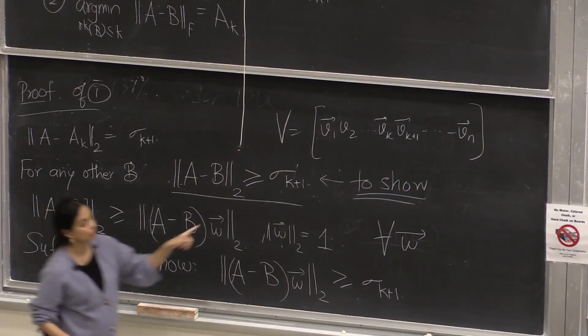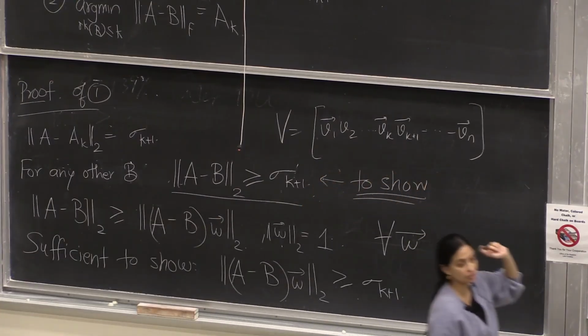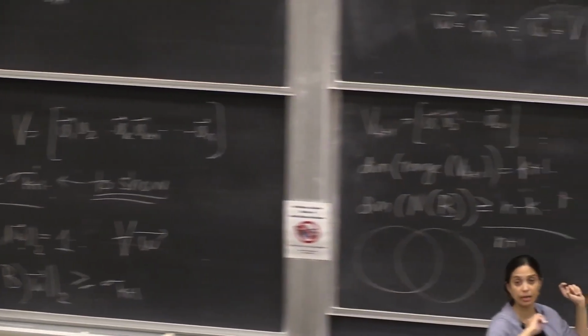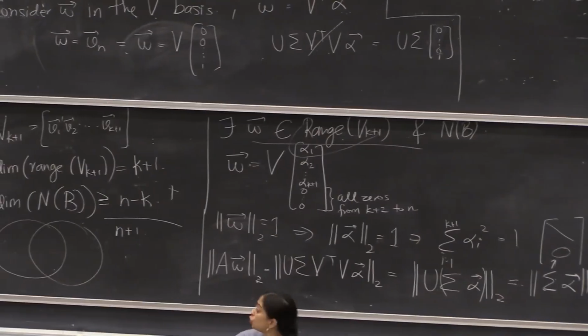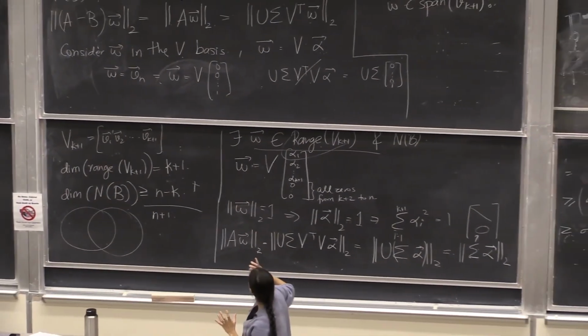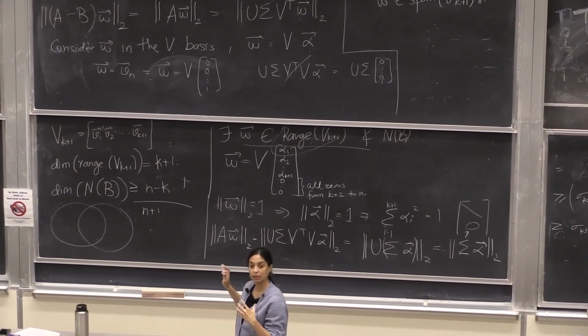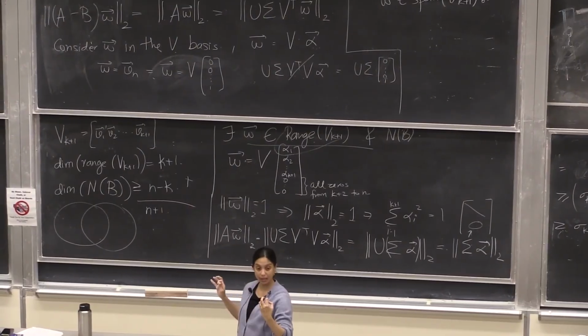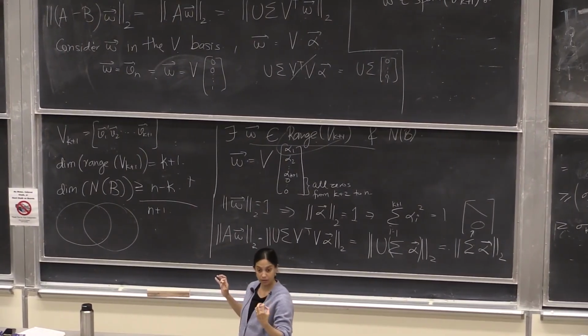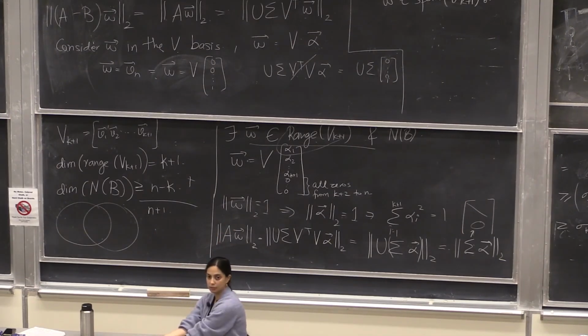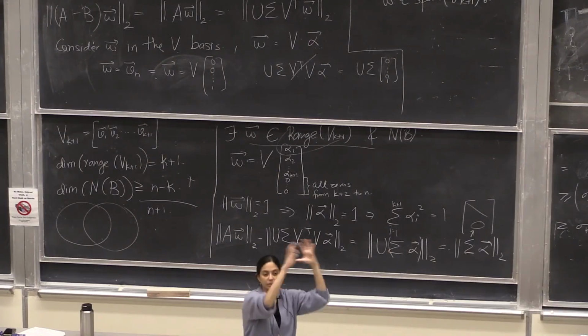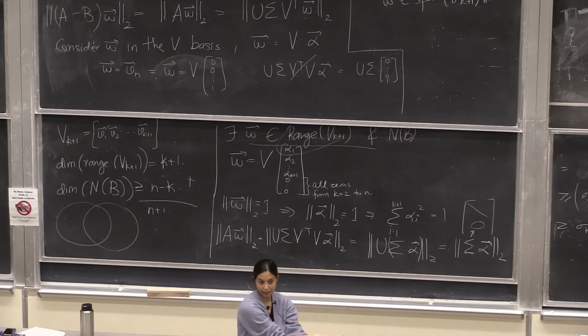So I'm going to choose a w that belongs to the null space of B, but I also want to pull out this sigma k plus 1. So I'm going to make sure I have a w in such a way that sigma k plus 1 comes out. There's some vector space here that's the null space of B, and some vector space that includes vk plus 1.